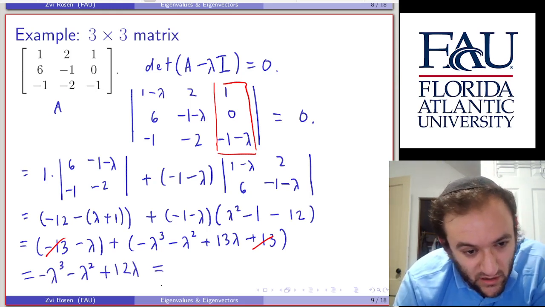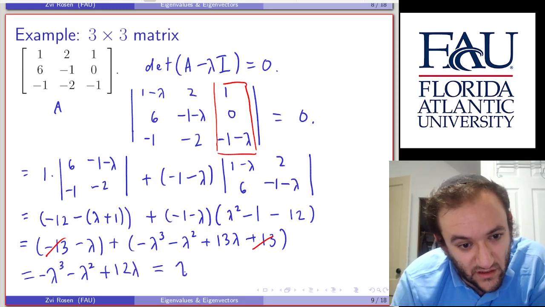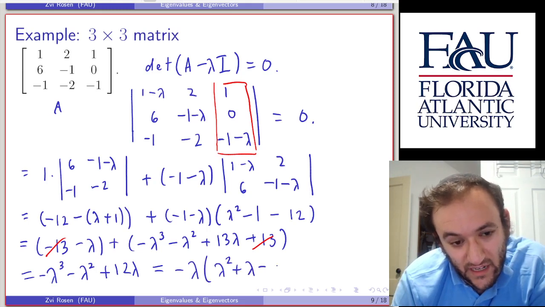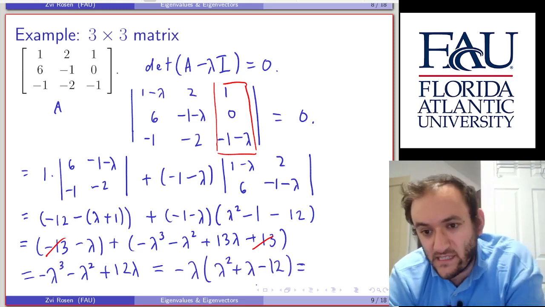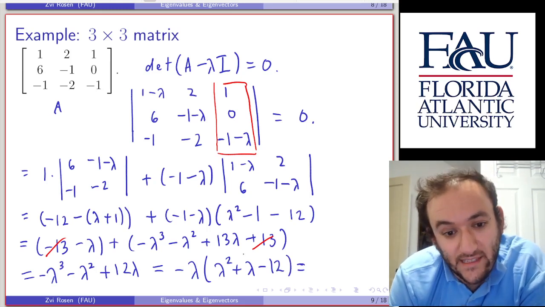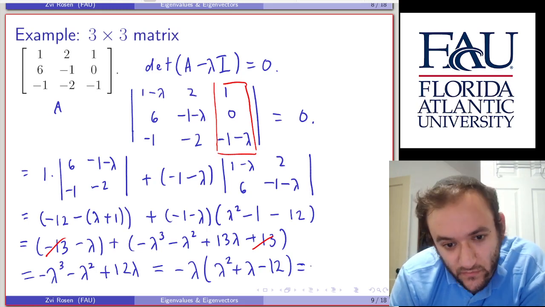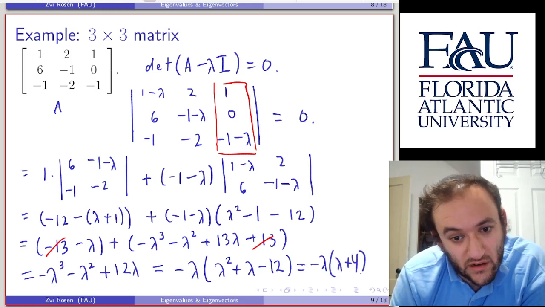Or, put it a bit simpler, let's factor out the minus lambda, and this is lambda squared plus lambda minus 12. Okay, and then that last quadratic factors as lambda plus 4, lambda minus 3. So we have minus lambda times lambda plus 4 times lambda minus 3.